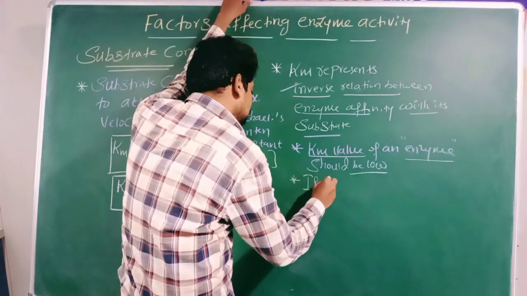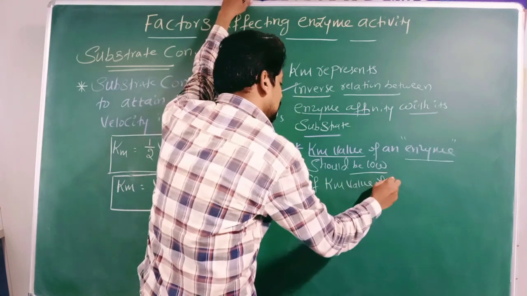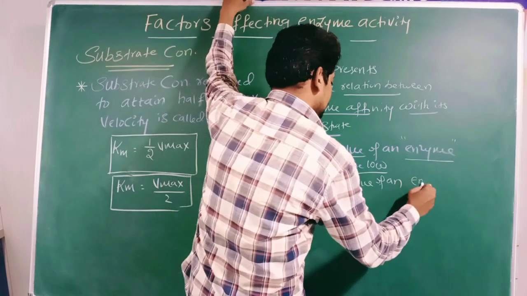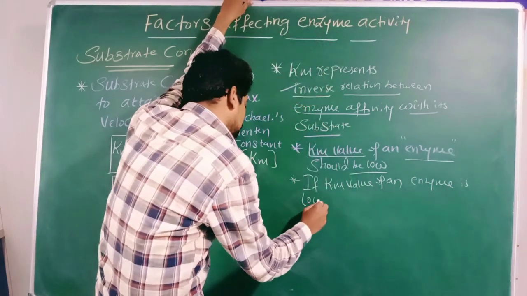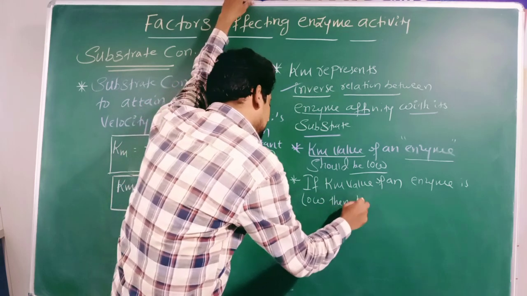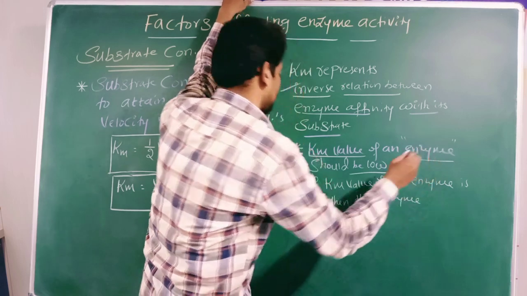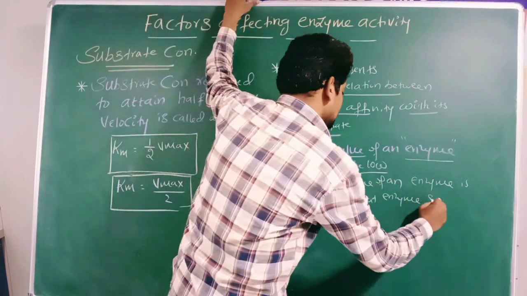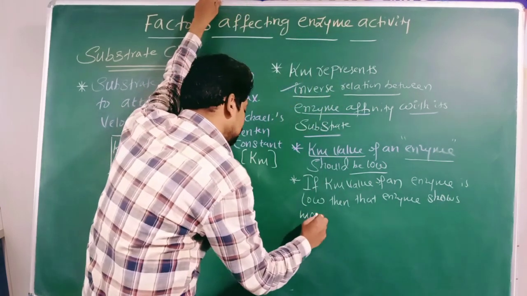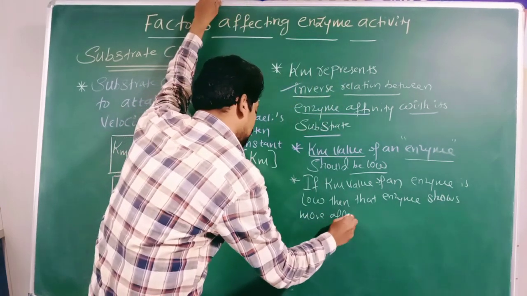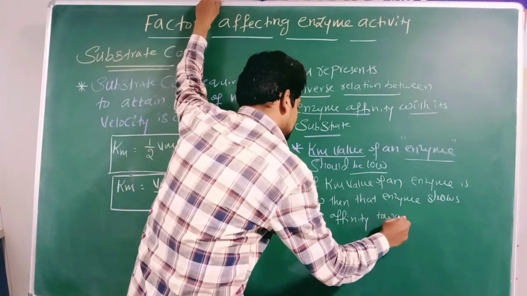If the Km value of an enzyme is low, then that enzyme, the enzyme whose Km value is low, shows more affinity towards the substrate.